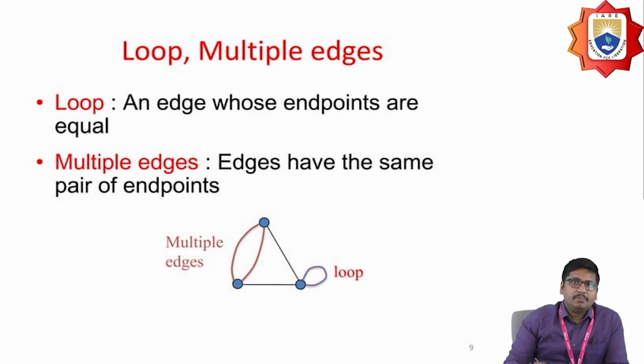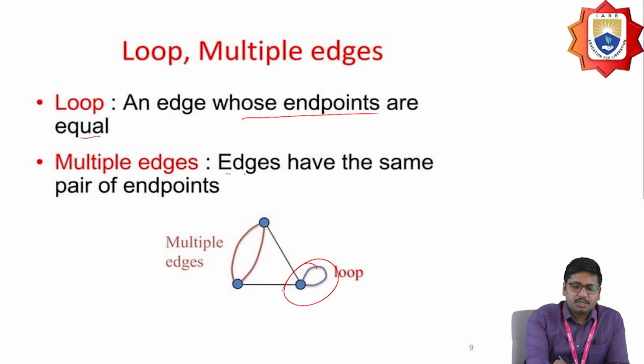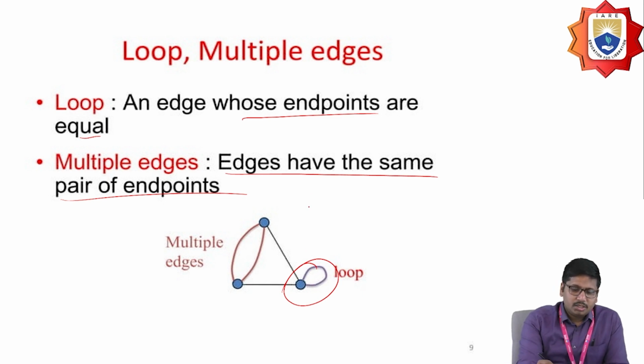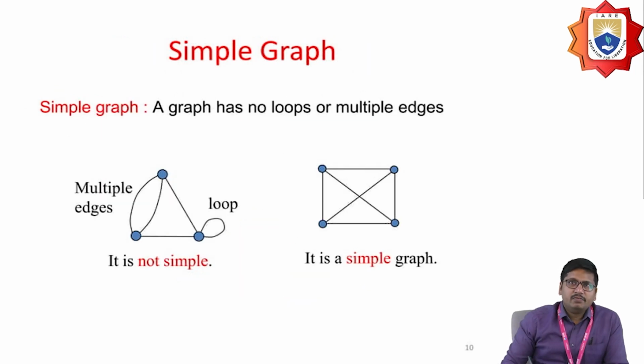A loop is nothing but an edge whose endpoints are equal. Multiple edges means edges that have the same pair of endpoints. A simple graph is a graph which has no loops and no multiple edges.